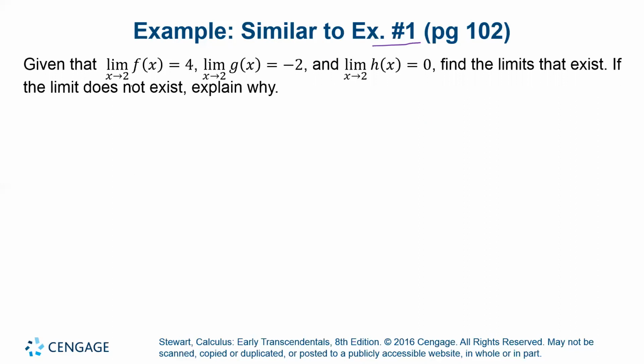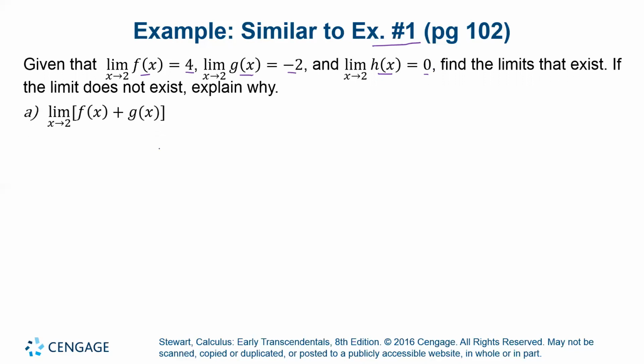Here we are given that the limit as x approaches 2 of the function f is 4, of the function g is -2, of the function h is 0. Now we want to find the following. If you find it doesn't exist, we need to explain why.